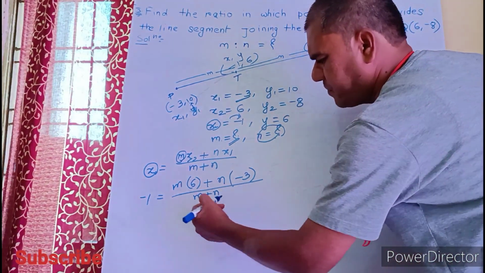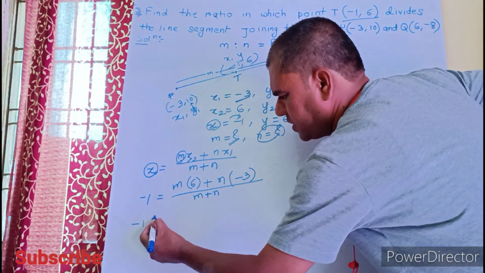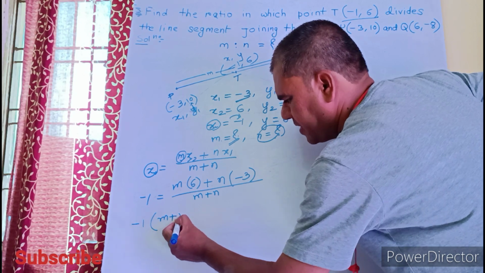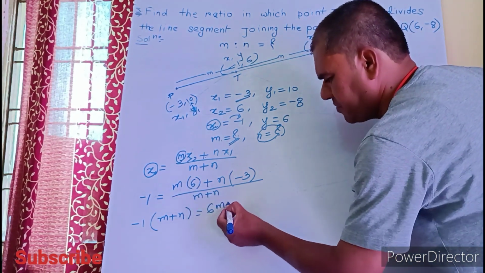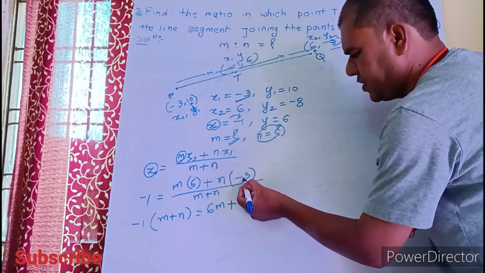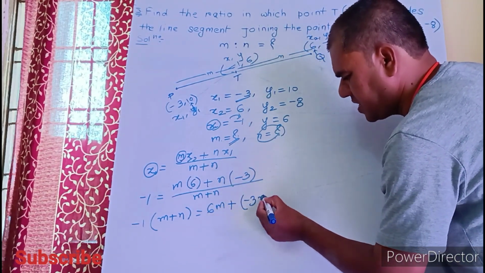Now by cross multiplying, -1 into (m plus n) equals 6 into m, 6m, plus n into -3, that is -3n.